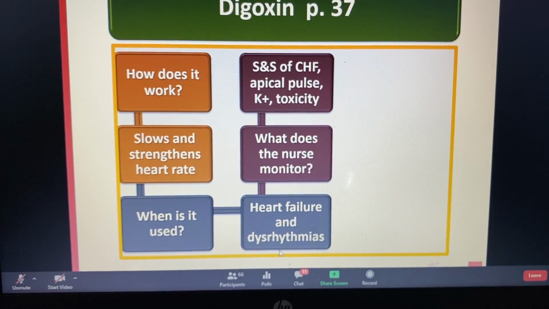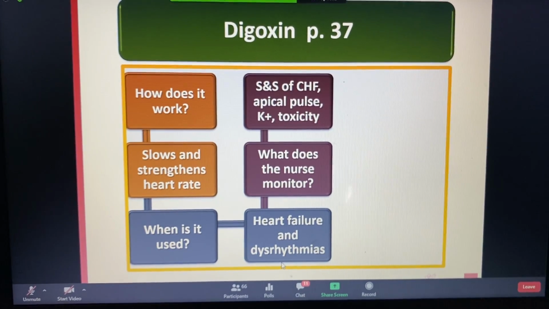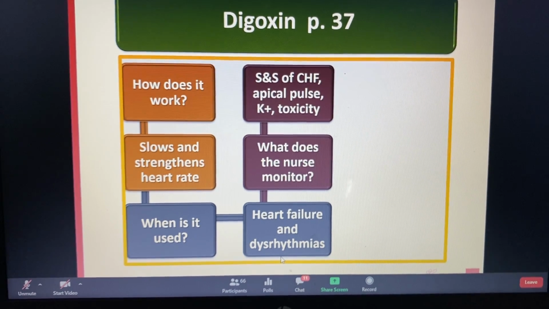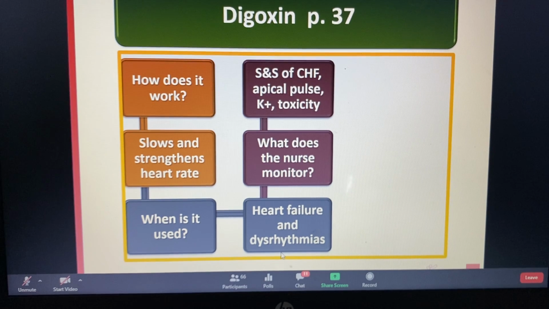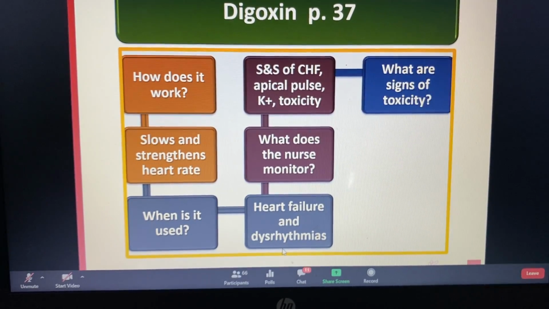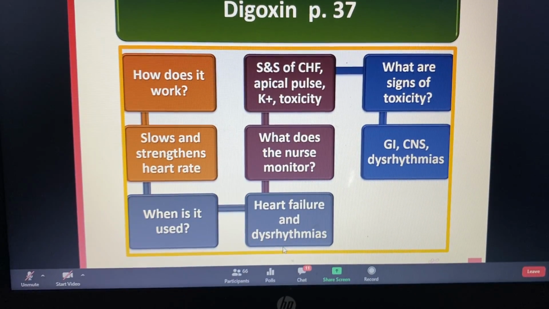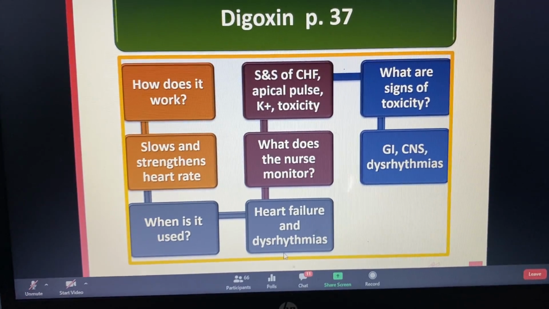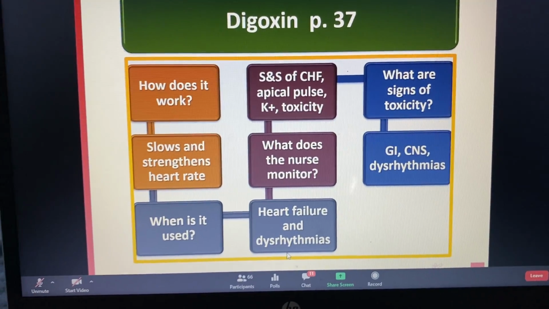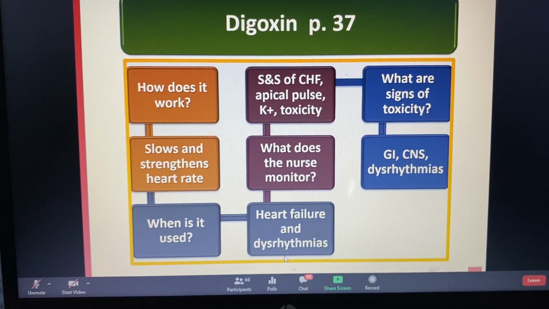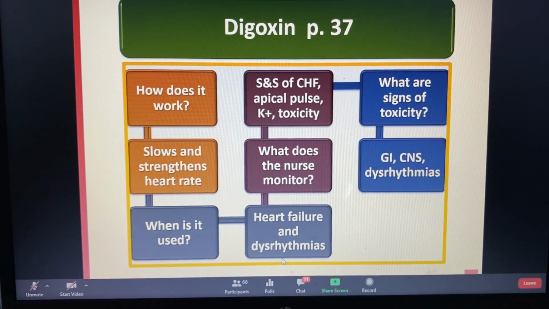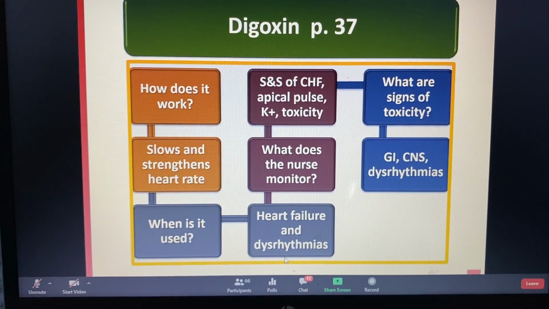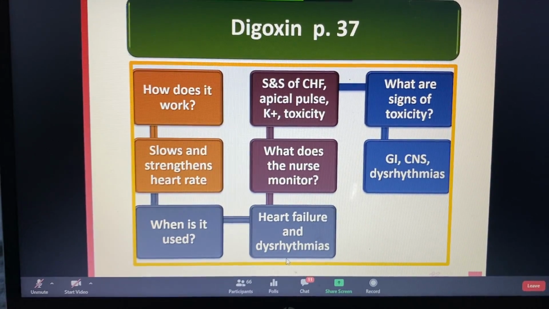We want to monitor for signs and symptoms of CHF, always monitoring that apical pulse before giving it, and we're educating patients to do that. And then we're monitoring potassium levels and toxicity. The most common signs of toxicity are related to the GI system, okay? Loss of appetite, nausea, vomiting, abdominal pain, and then CNS symptoms, fatigue, a yellow halo around the vision.